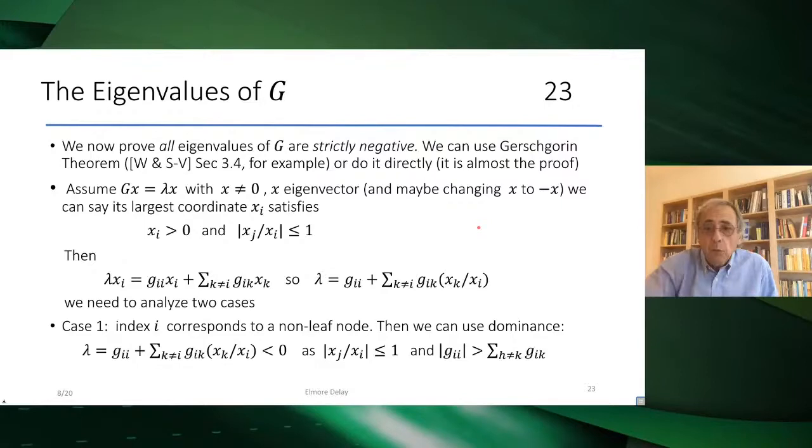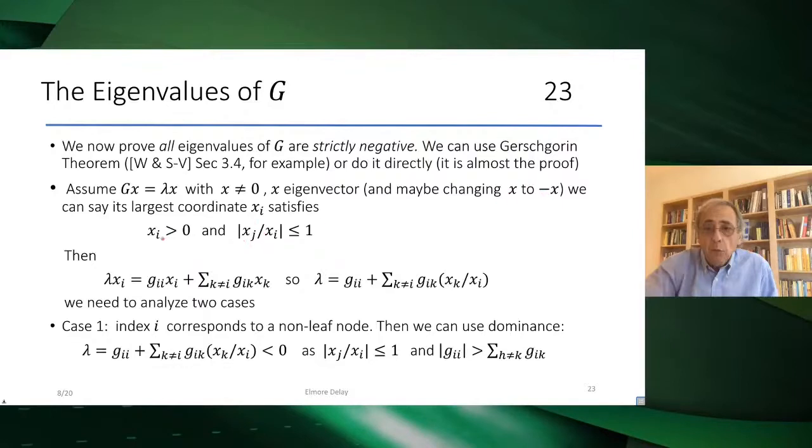But if you think of an eigenvalue, it's something that multiplies the vector. So you can try to see that the eigenvalue cannot be much larger than the sum of the coordinates of the matrix, in a very rough way. So if you have an eigenvector x, Gx equals lambda x, that is not 0, it must have a largest coordinate that we can assume to be positive, because if not, we can change x by minus x.